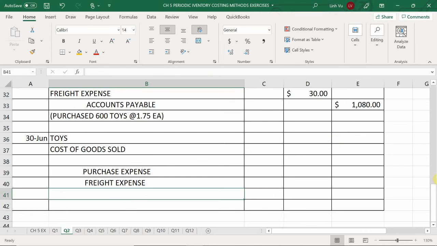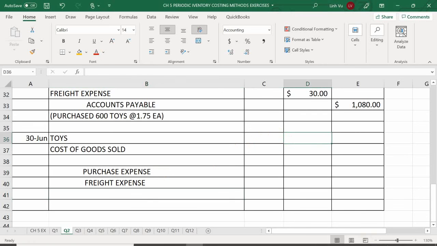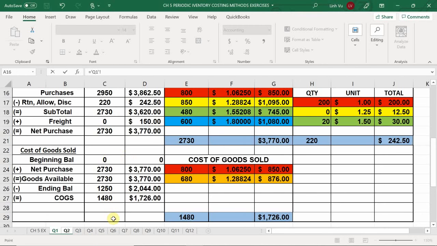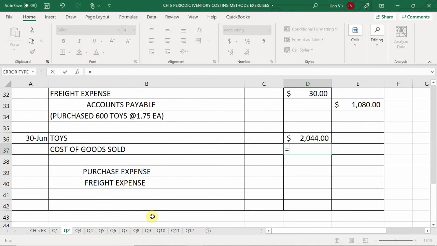Okay. So let's just plug these numbers in and then we'll see why I left this space here. Okay. So here you go. What was my ending inventory? $2,044. Okay. What was the total cost of my cost of goods sold?